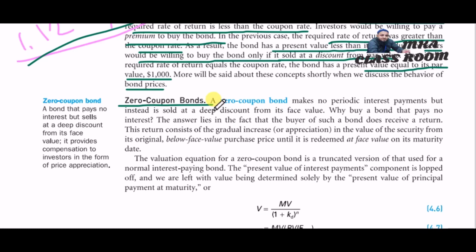It provides compensation to investors in the form of price appreciation. That is the zero coupon bond. A zero coupon bond makes no periodic interest payments, but instead is sold at a deep discount from its face value. Why?